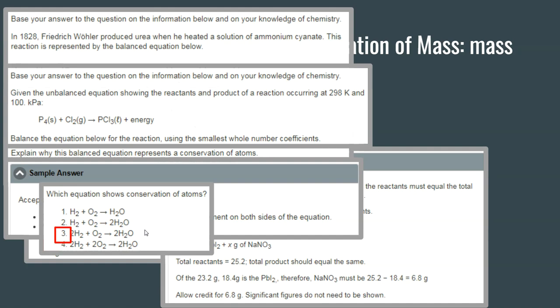Given the unbalanced equation showing the reactants and products of a reaction occurring at 298 Kelvin and 100 kilopascals, phosphorus solid plus molecular chlorine gas yields phosphorus trichloride liquid plus energy. Balance the equation below for the reaction using the smallest whole number coefficients.